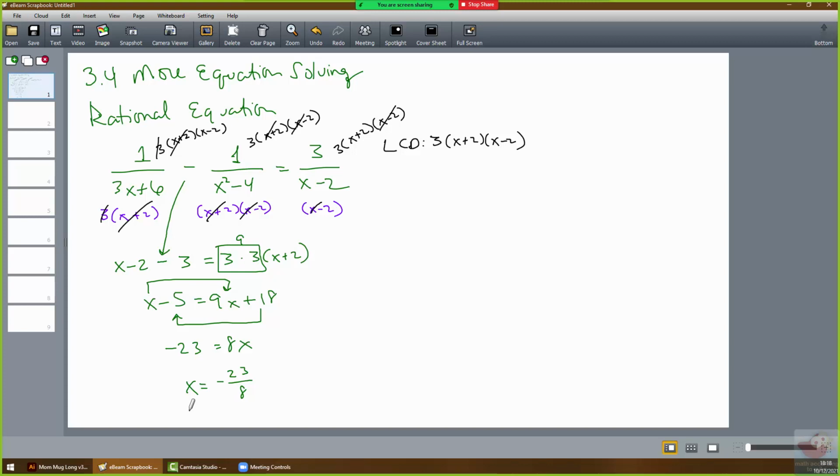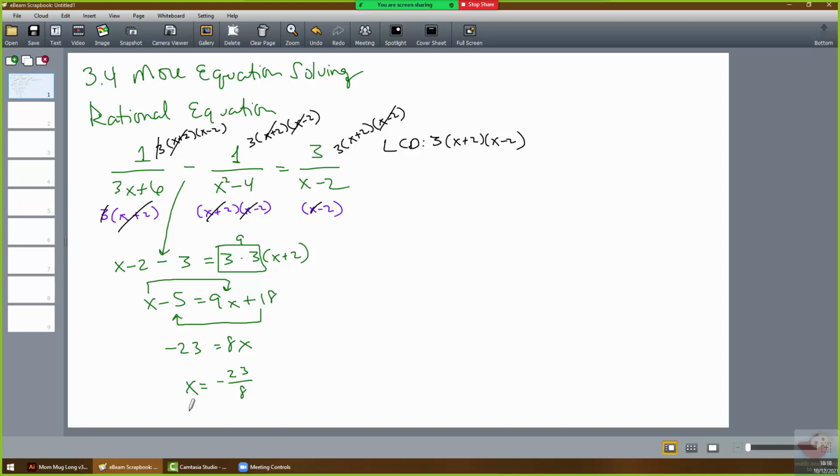There is a step 4, and step 4 is check. Now, mainly what you're checking for is that there's no accidental division by 0. The LCD is what you can look at. Notice that positive 2 and negative 2 would cause the LCD to equal 0. And remember, the LCD came from the denominators. So as long as we don't get an answer that's plus or minus 2, we're okay.